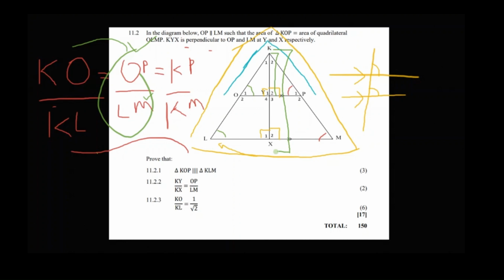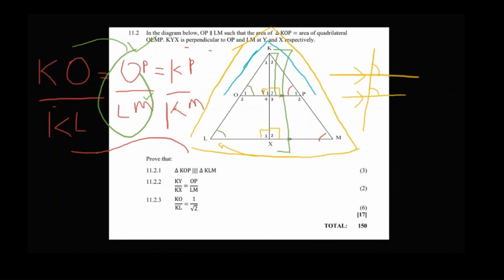Okay, so before we move even further, remember that KY over KX is going to be in proportion to this side of the triangle, the left-hand side of our triangle, because of our prop theorem, right? So we already know that KY over KX is going to equal KO over KL, which is a ratio that is a part of the ratios that we've already written down, right?